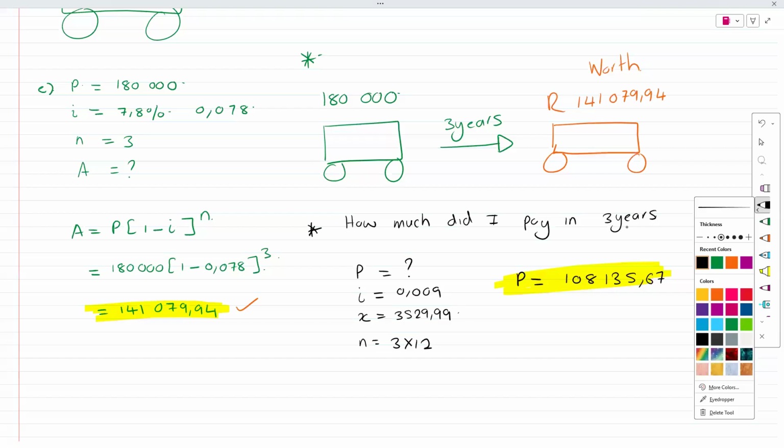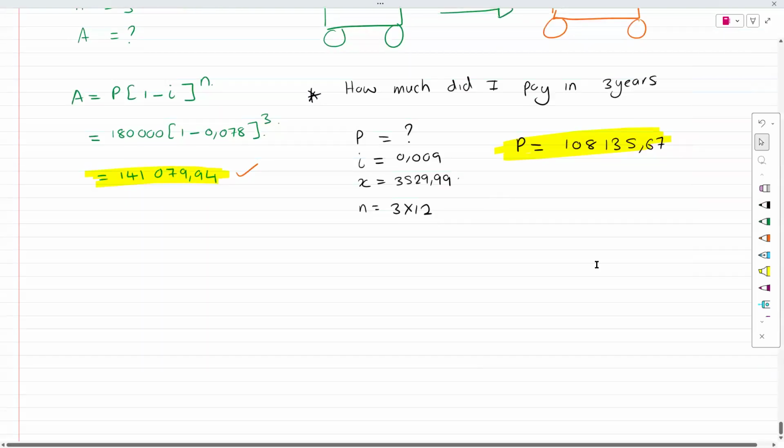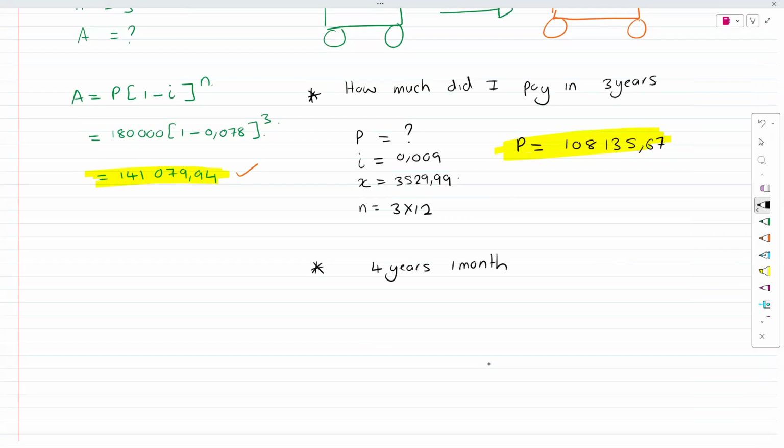Now, part three is the fact that I only paid for 3 years. I need to understand that my loan was technically 4 years and 1 month when I calculated it with the 3,529 rand. Now, guys, 4 years and 1 month should equal 48 plus 1, which is 49 months, right? Now, I'm going to calculate the total loan.